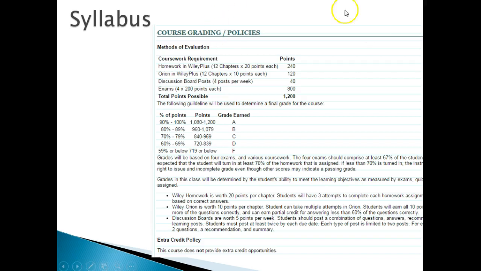I will have you post to discussion board, and I'll explain that in just a moment. And then we'll take 4 exams. Those exams, I'll give you some more information in a minute, but those can be taken at home or in the testing center.